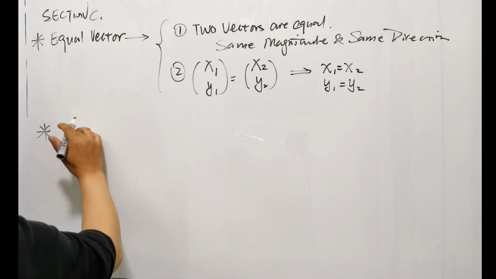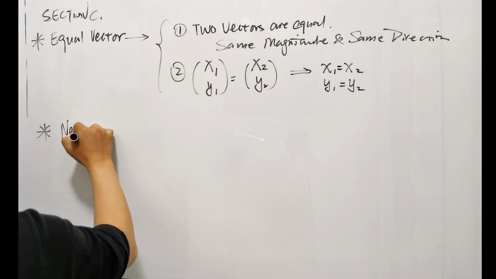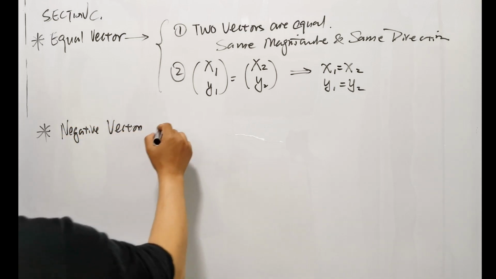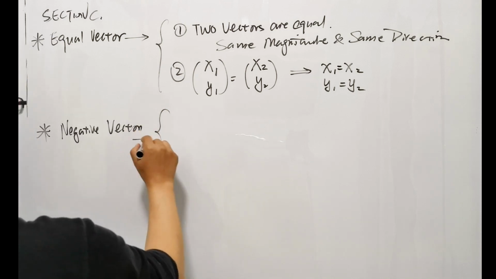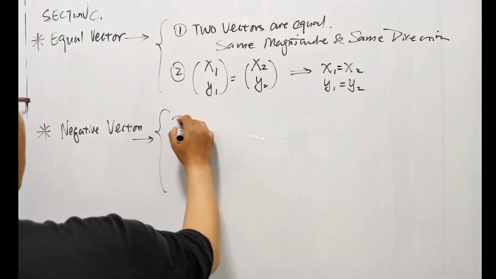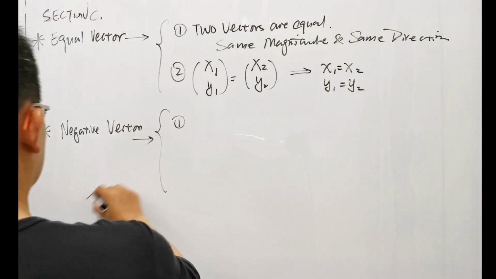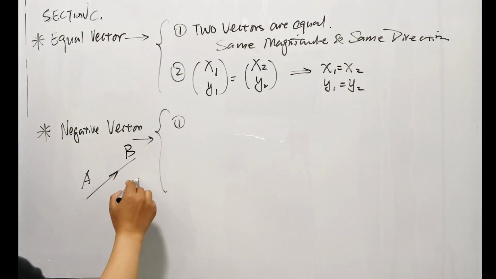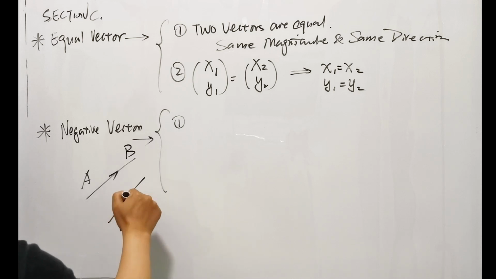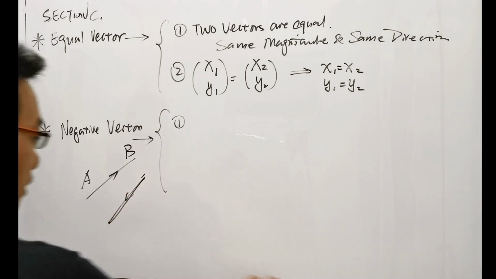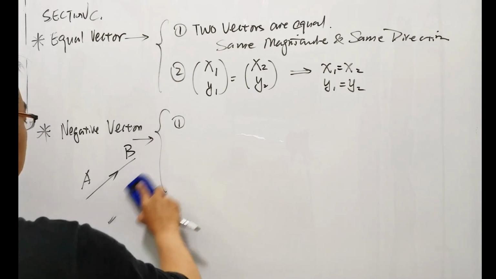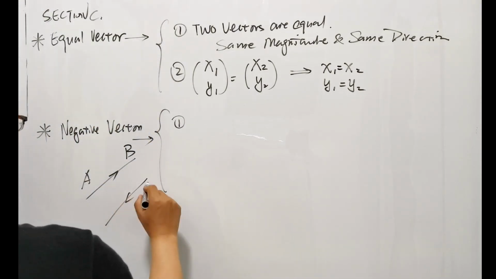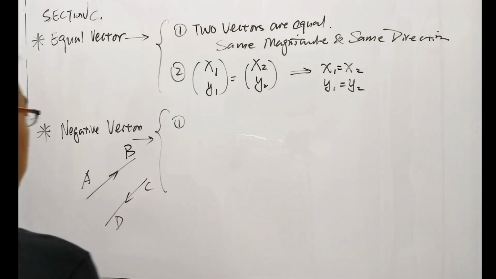The next concept we talk about is negative vectors. Negative vectors also have two items. The first one, for example, we have a line from A to B. We also have a parallel line, the same length but in the opposite direction, CD.